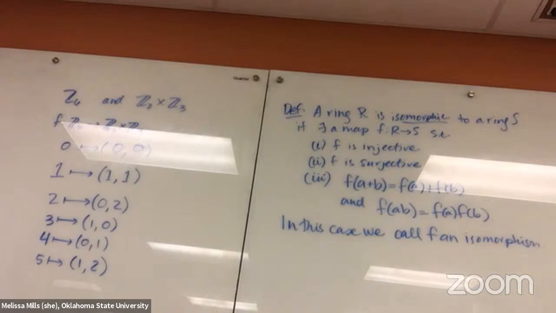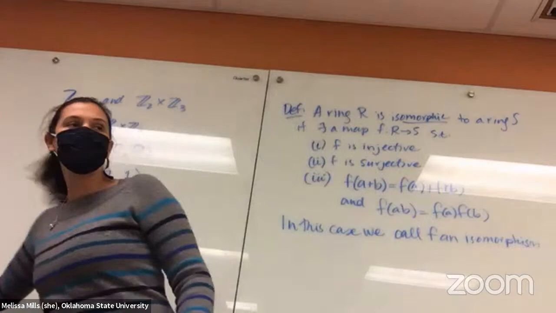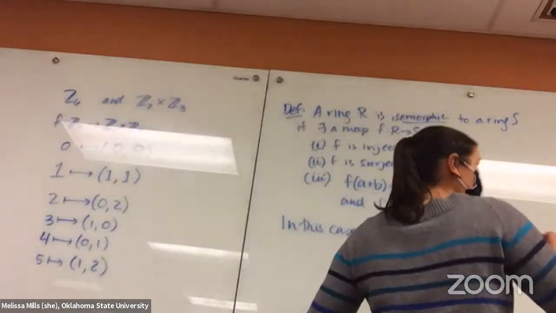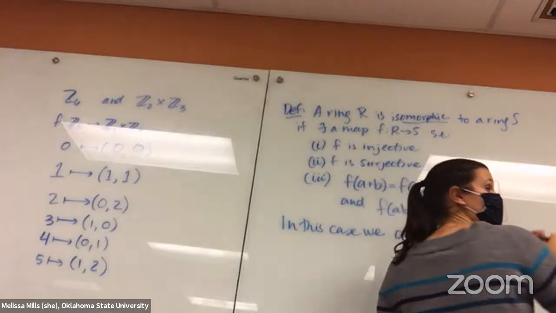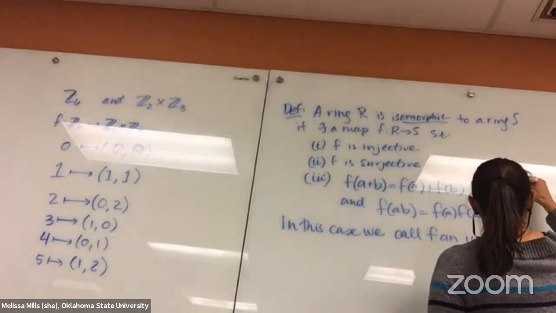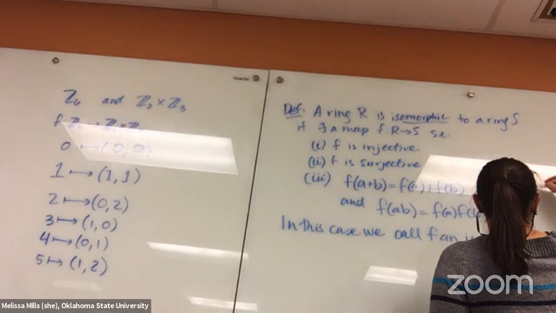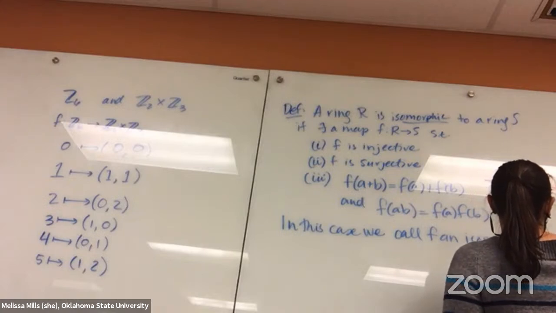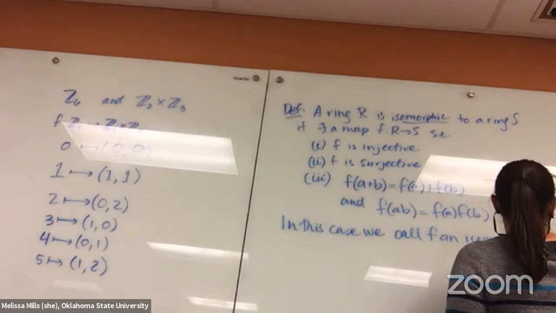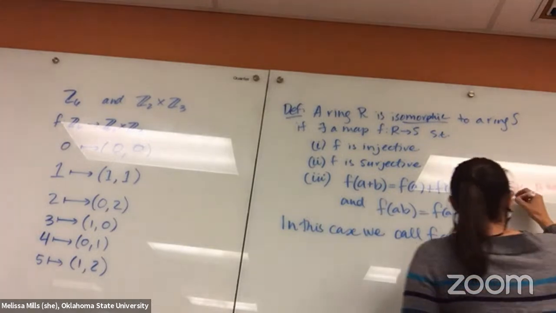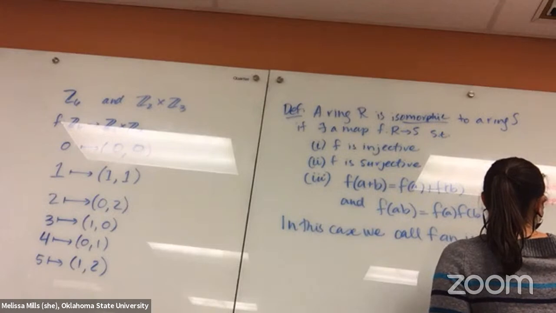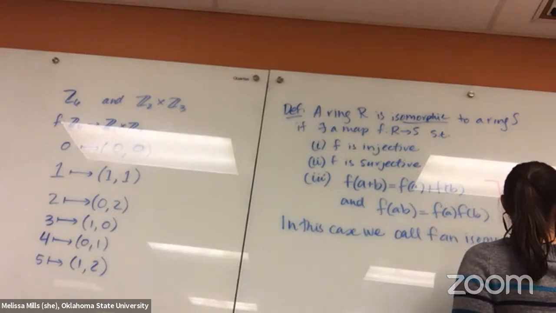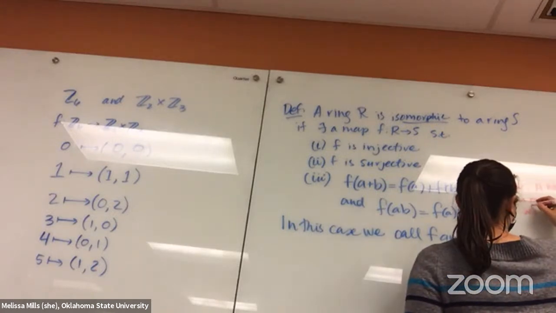But I just want to point out, we're about to define something called a homomorphism. And a homomorphism, which we'll define in a little bit, is a mapping between rings with these properties.